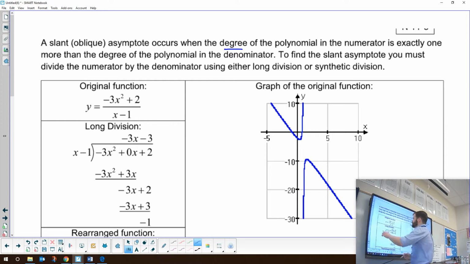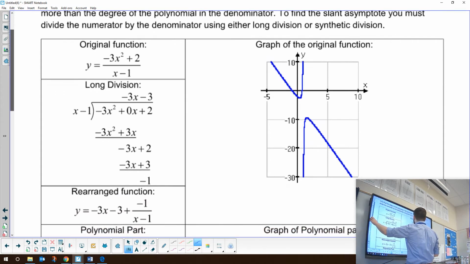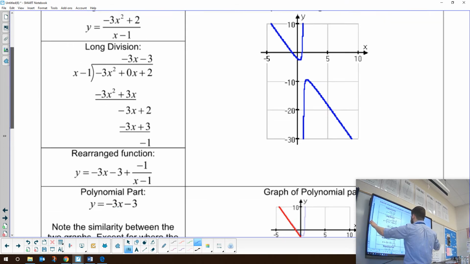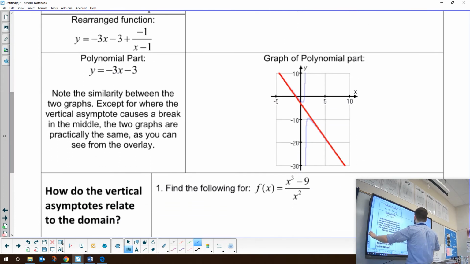It'll make more sense after we try it. What it happens to do is create graphs that look like this, that have this slant to it. That's because my asymptote is a real line that doesn't just go up and down or left and right. It actually goes at an angle.